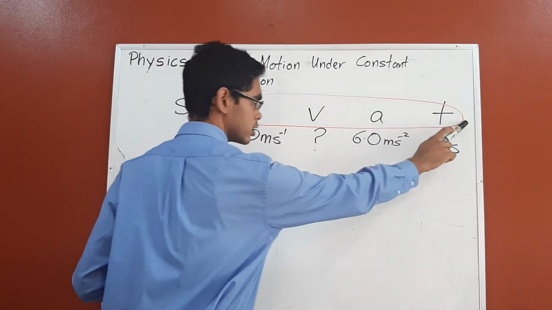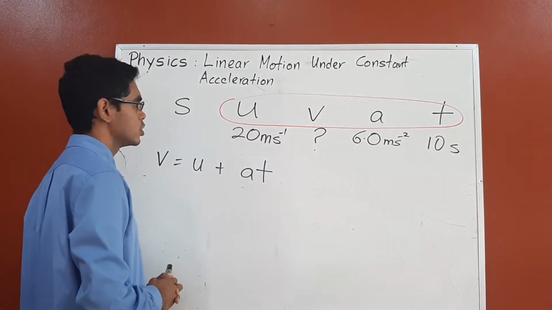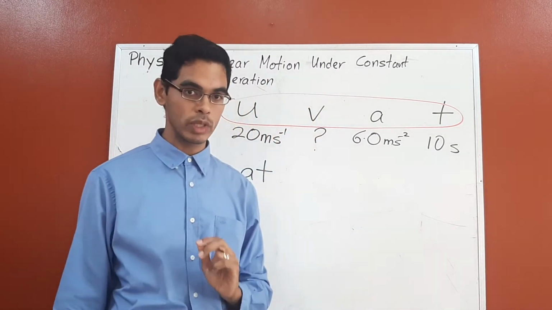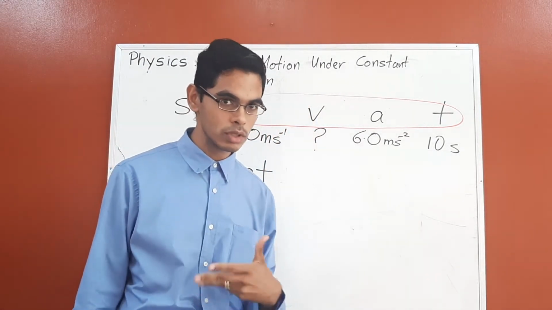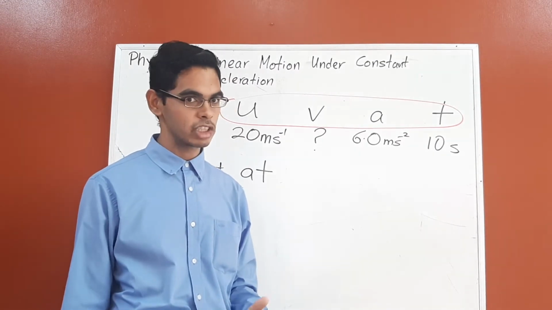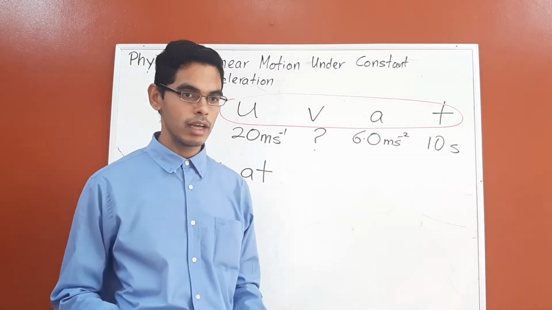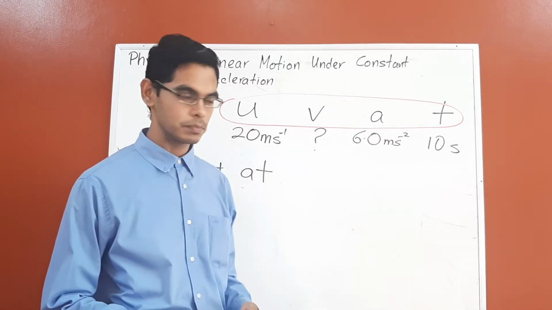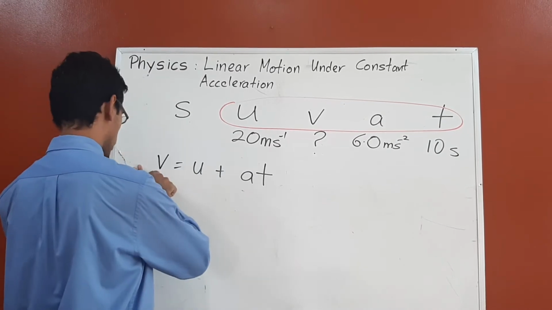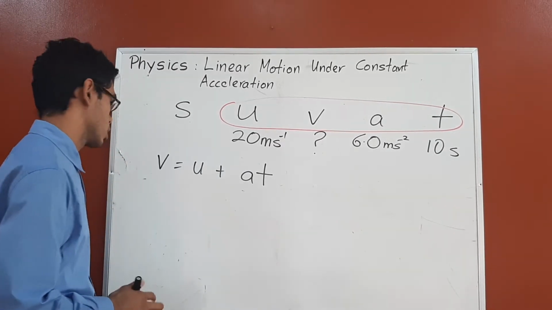A, check. T, check. Okay. So we have used all our information, and this is very important too when you're answering questions. Have you used all the information that's available to you? Unless, of course, somebody is trying to trick you by giving you information that is irrelevant. But in this case, all of the information is relevant, and we have our unknown, which is V. So let's go ahead.